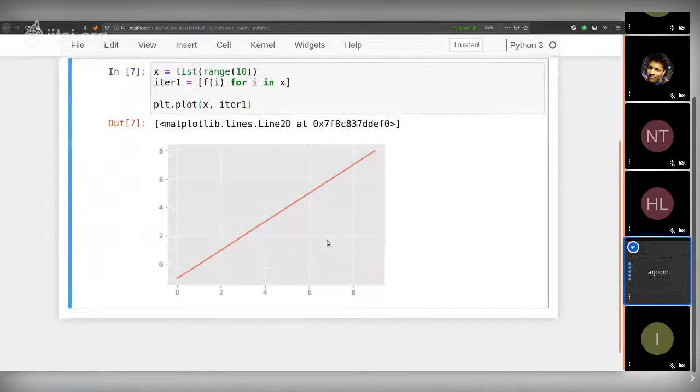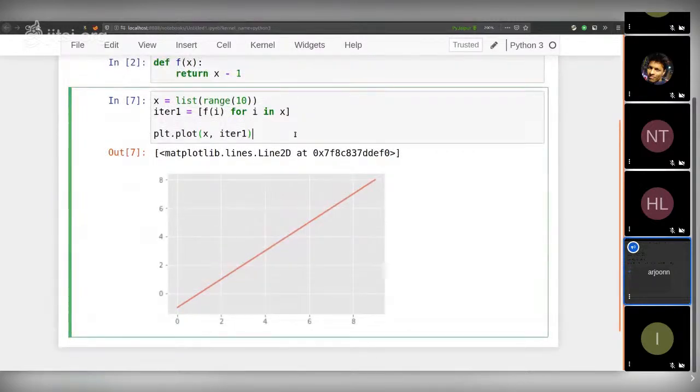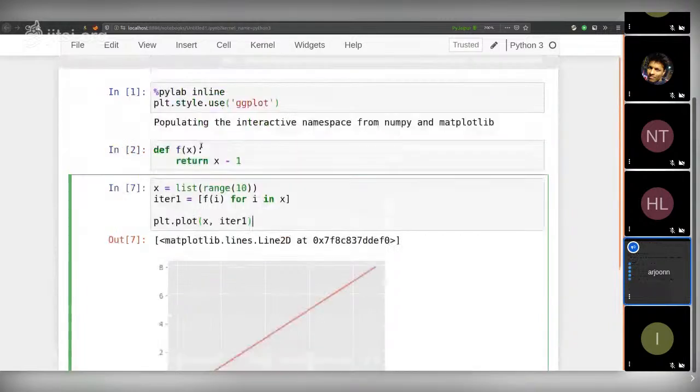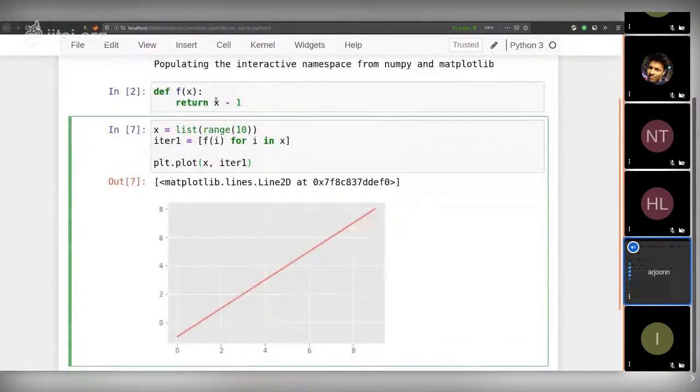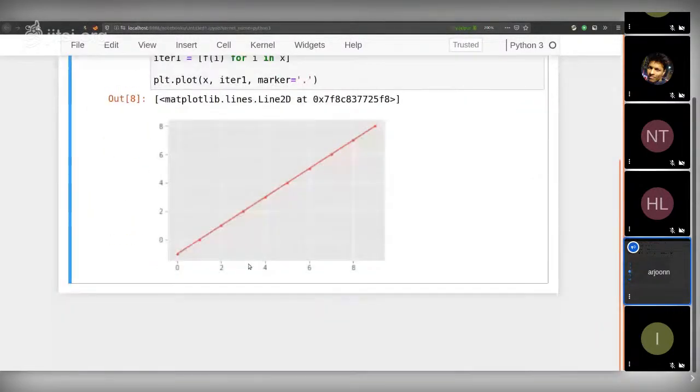So you see this really nice straight line, right? This is understandable, since our function was just x minus 1. So whatever x you have here, say 2, if you had 2 over here, you have 1 as the final output.